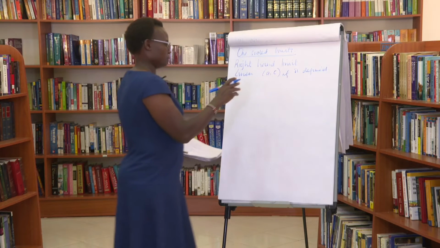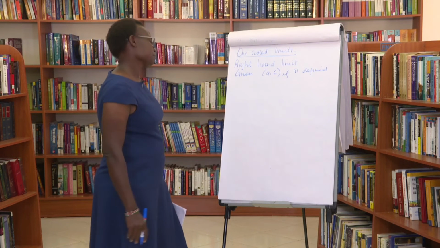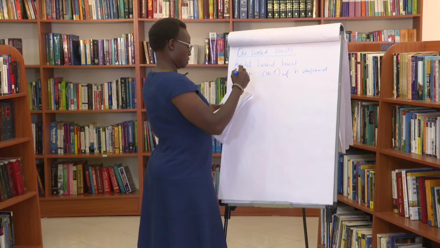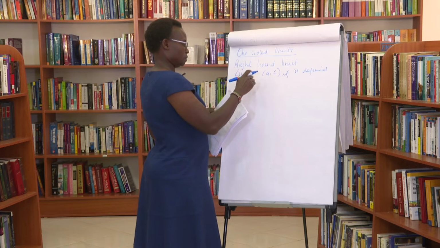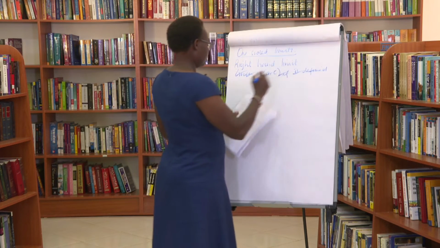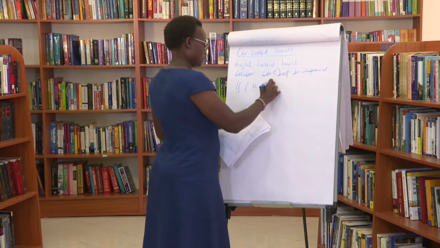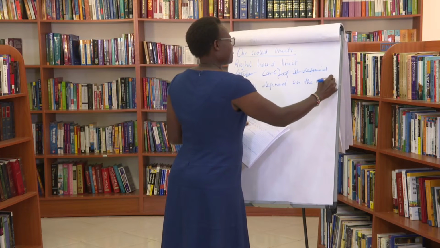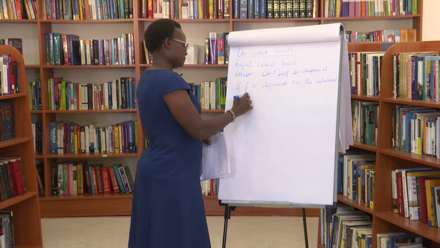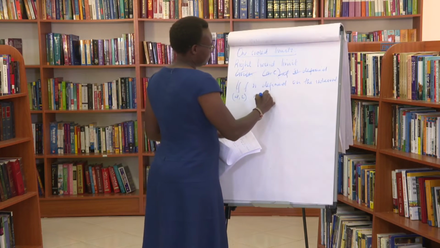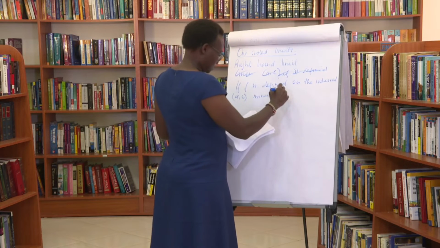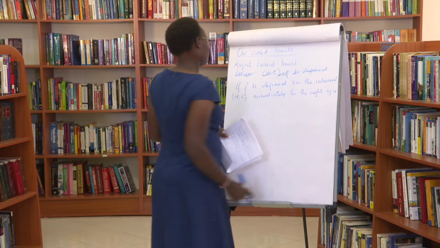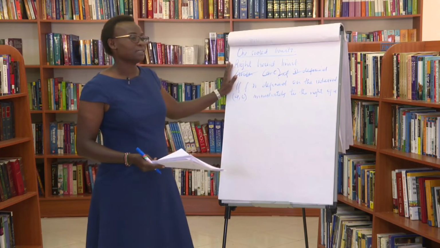Let me write it in a different way. If f is defined on the interval AC, immediately to the right of A, that is when we have a right-hand limit.